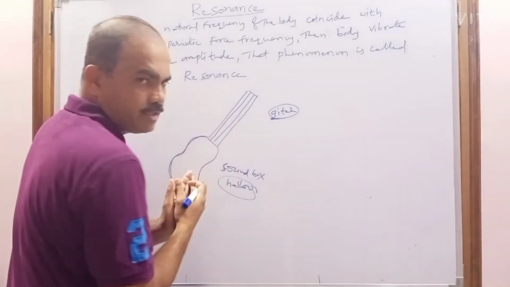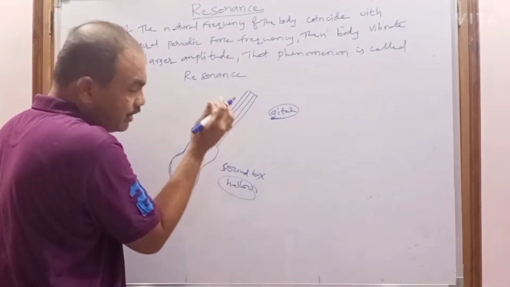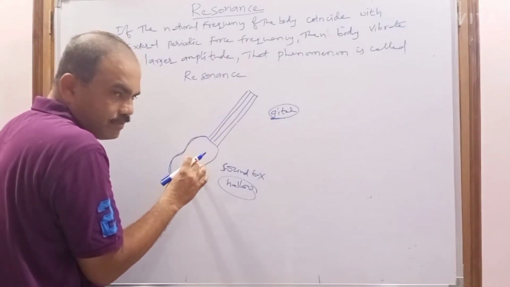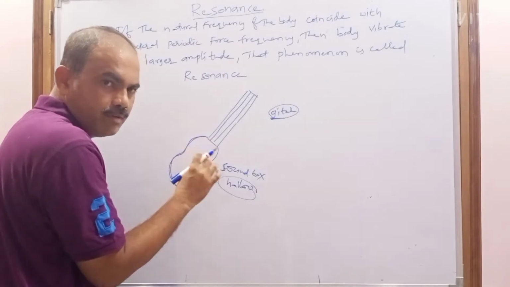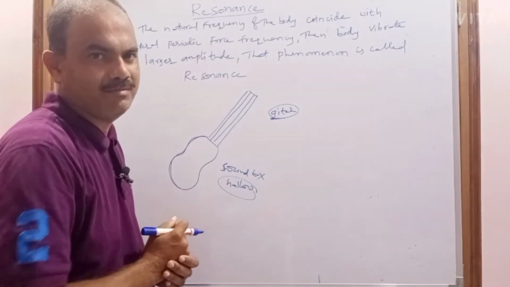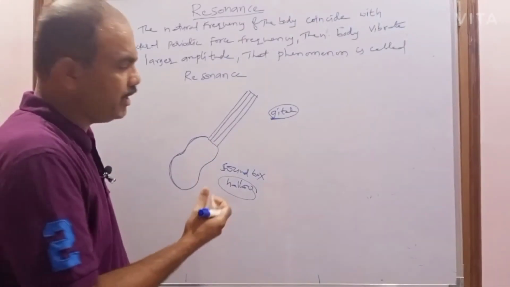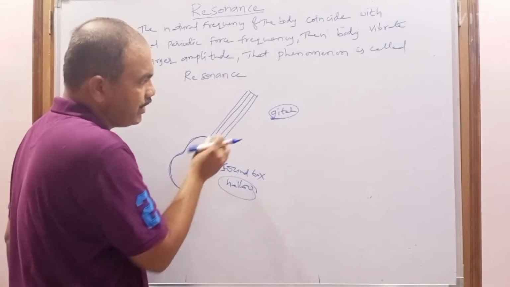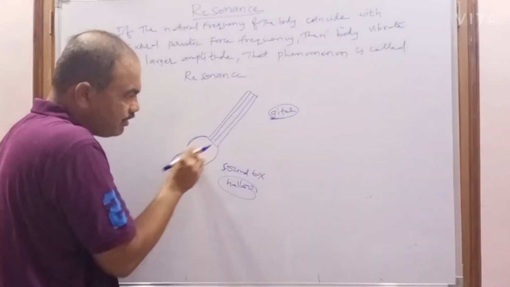but at a particular situation the frequency of the vibrating string and the frequency of the hollow box, that is, the frequency of the air particles, coincide. Due to that, you can hear the musical sound. So that is an example of what? Resonance. When you hear the musical sound, the frequency of the string coincides with the frequency of the vibrating body.